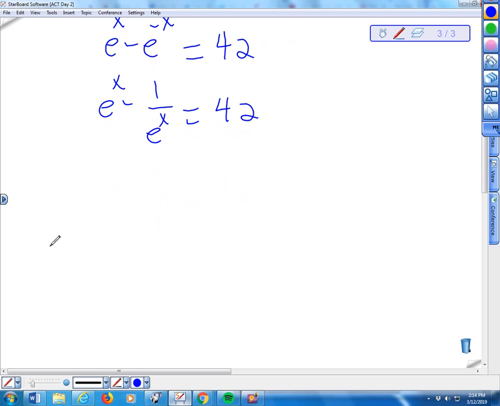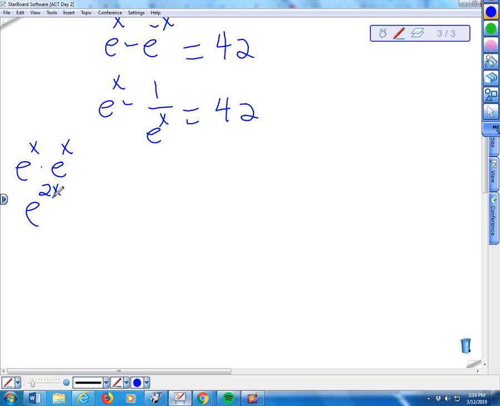Common denominator. If I need to multiply by e to the x, what do I get? What's e to the x times e to the x? The base is the same, so what do I do to the exponents? You add them. You understand that? e to the x plus x.